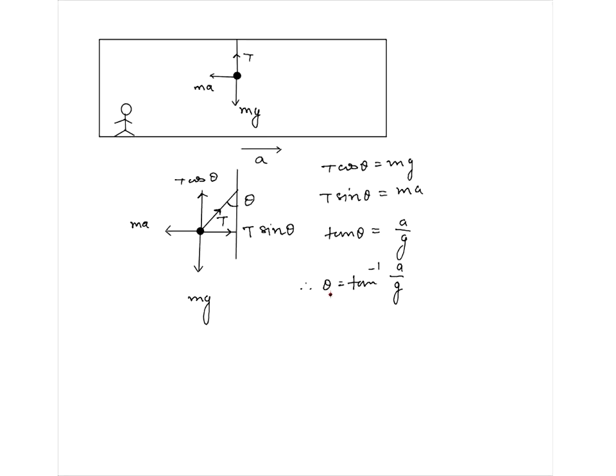Okay, now tell me this. Suppose you have got the pendulum hanging from the car's roof and car is going quite fast, but it is going with constant velocity. It is going with constant velocity, but it's quite fast. What angle will the string make from the vertical? So 0 degrees. 0 degrees is the right answer.